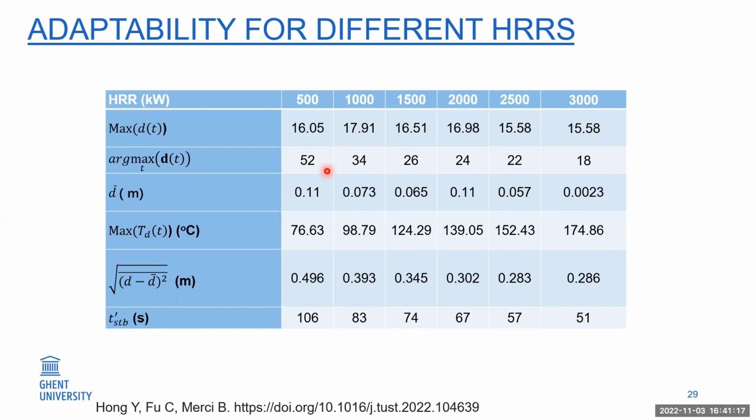And this fluctuation decreases with the heat release rate. It's also because the higher heat release rate will give a stronger signal to the PID controller. The final one is the stabilization time. As discussed, it decreases with the HRR as well.